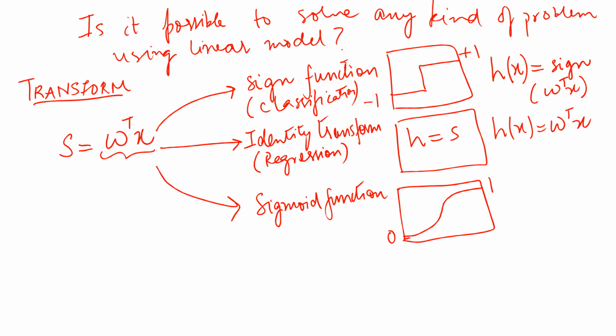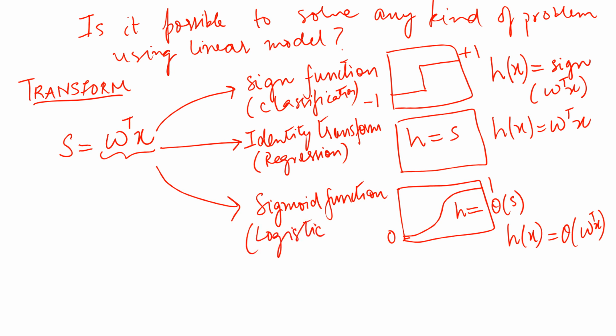If we denote this curve by theta, then you can say h of x equals theta of s. So essentially h of x is going to be theta of this linear signal. This will later be called logistic regression. So I'm just writing that for probability type problems.